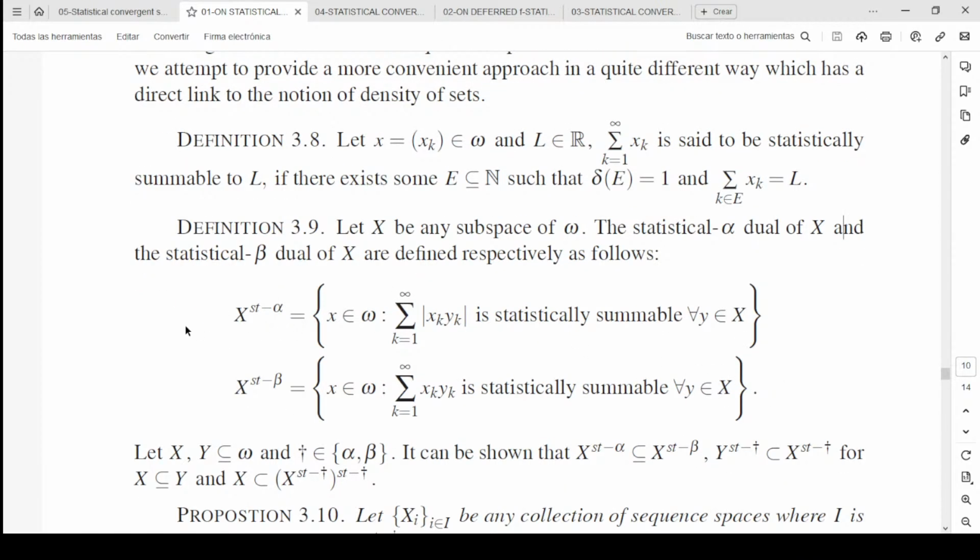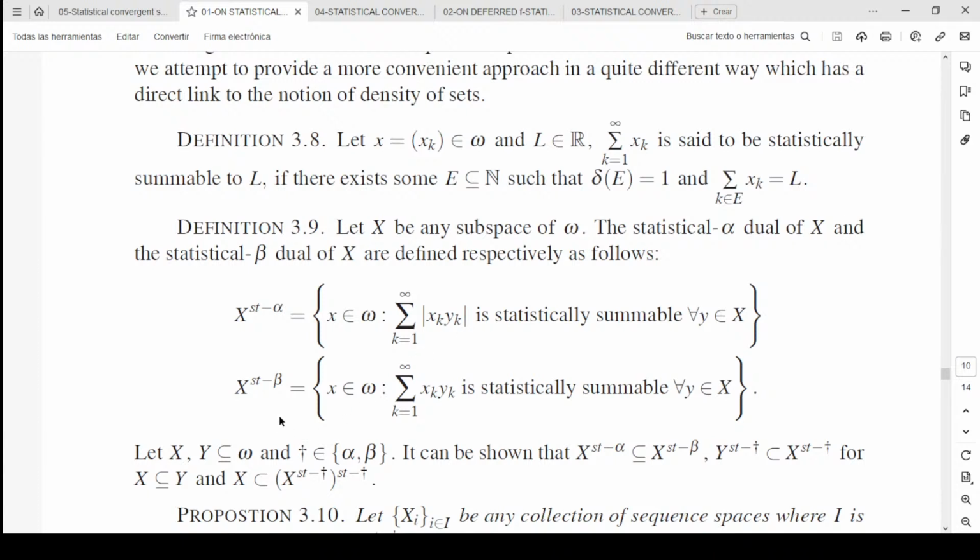The statistical alpha dual of X is given in this way. It is a subset of sequences such that the product of xk and yk forms a statistically summable, convergent series with absolute values, sorry.